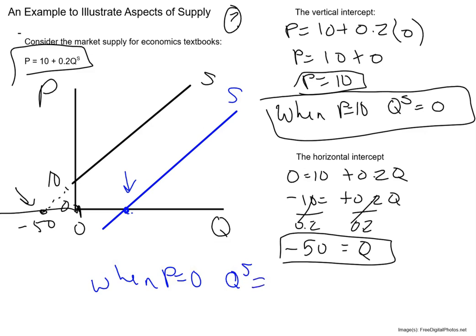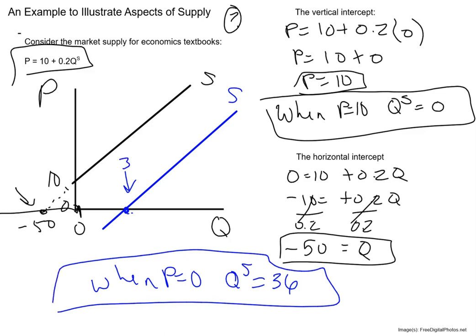And I don't know what this number is, but let me just hypothetically pull out a value that's totally unrelated to the equation of 36. If this equation had a horizontal intercept of 36, can you think about what that horizontal intercept might represent in everyday language? What would that point represent?